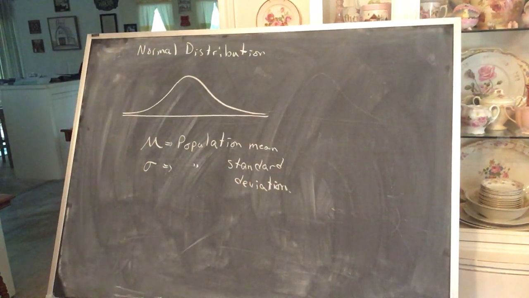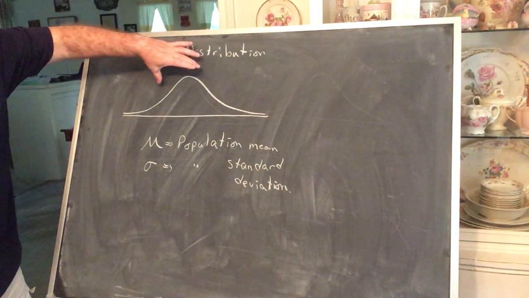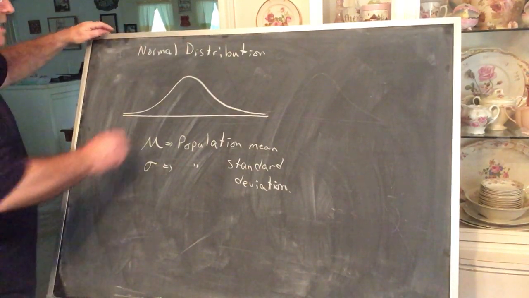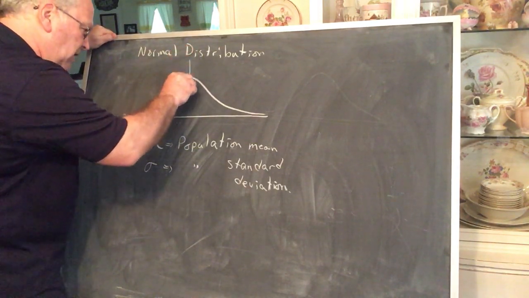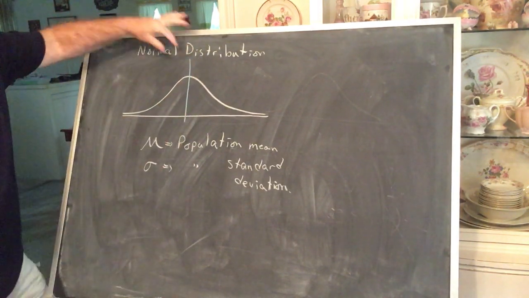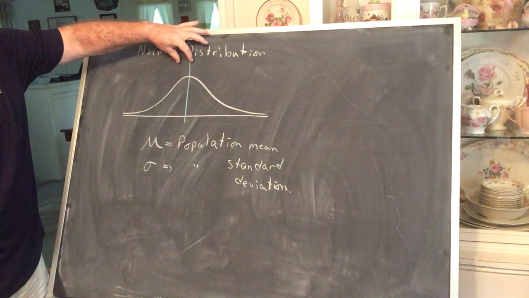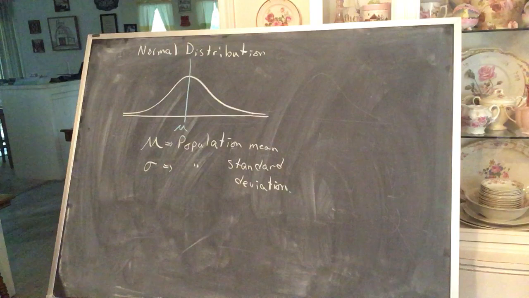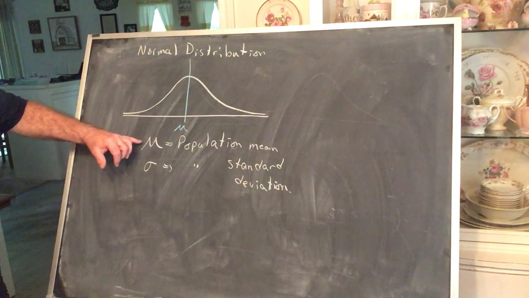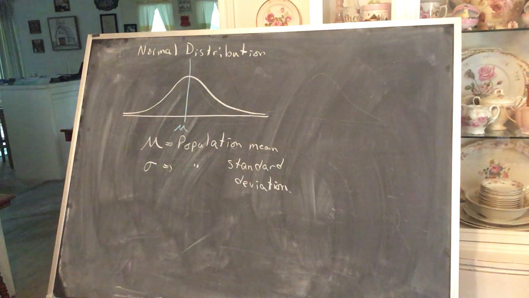And here's how that works. For any normal distribution, the curve is symmetric about a vertical line. The center of this normal distribution is always given by mu, the mean of the population. Every normal curve is always centered around mu, the mean of the population it is being used to describe.